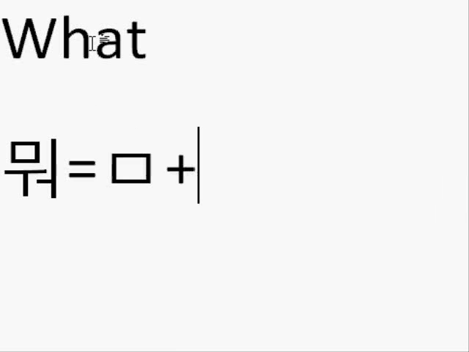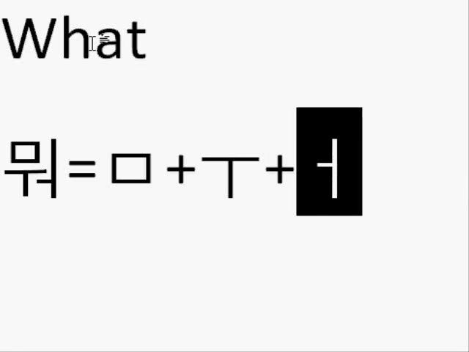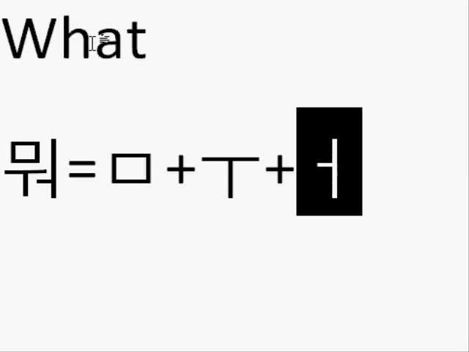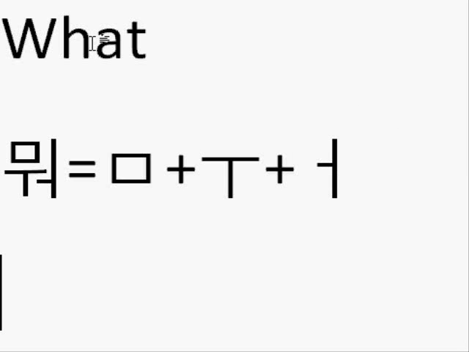This is created by combining the M sound, which is the consonant, plus U, plus O. You're combining these three, one consonant and two vowels. I'll go step by step how you would combine them.